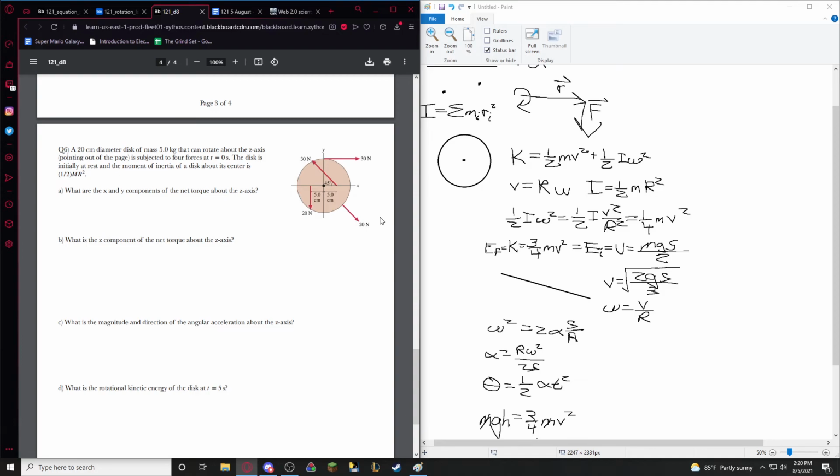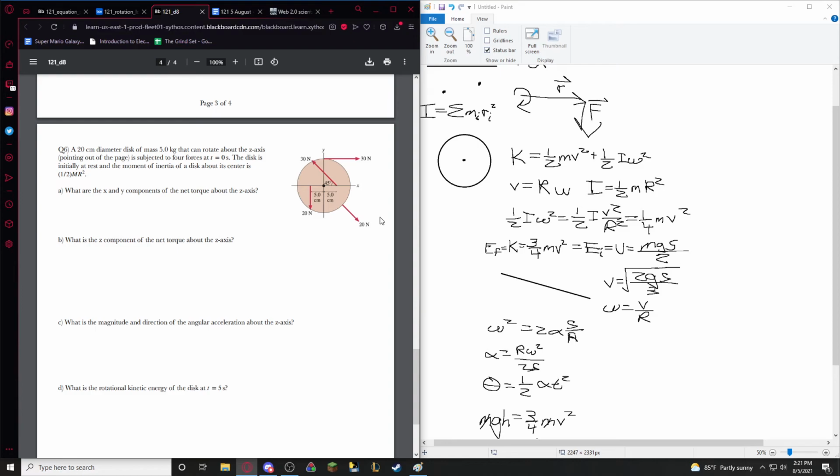And now the diagonal 30 Newton force, what direction is it wanting to rotate? In, like across the page? I'm not sure about that one. Well, because it's acting in that direction, wouldn't it just pull? It'd be pulling on the disc instead of rotating it.